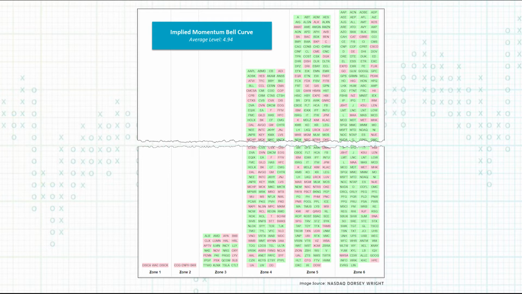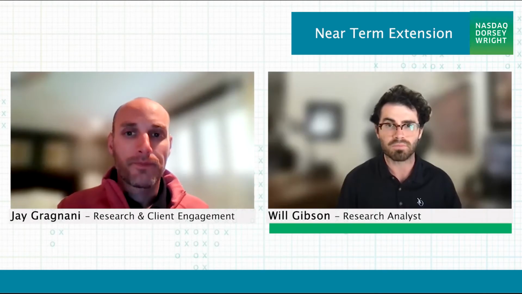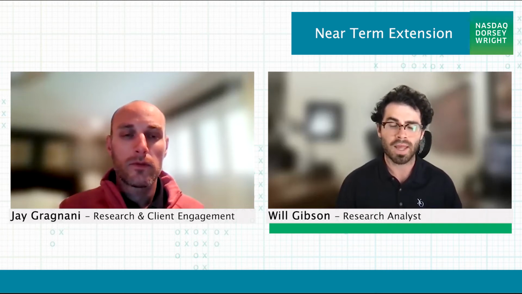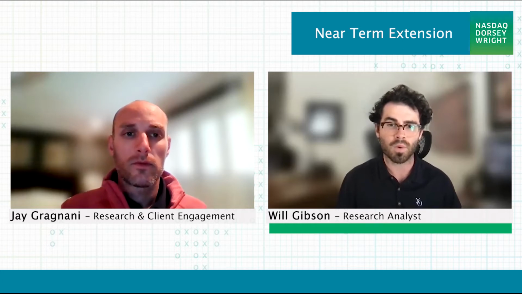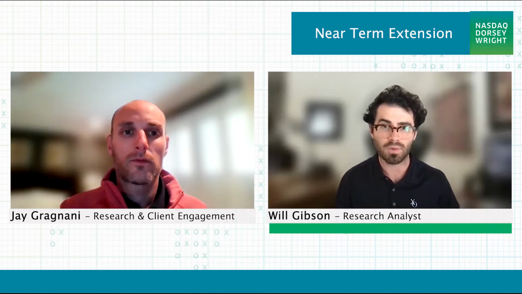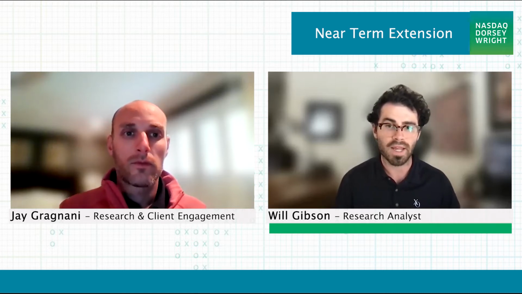So Jay, just a high level, I think that's a great visual to articulate that. And you and I were talking before we got on here, you can actually break it down by sectors as well. And as you were saying, some of those more value oriented, economically sensitive areas of the market have certainly pushed that skew even further. If you're looking at financials, for example, that group is much more skewed to the right than maybe some of your other names.